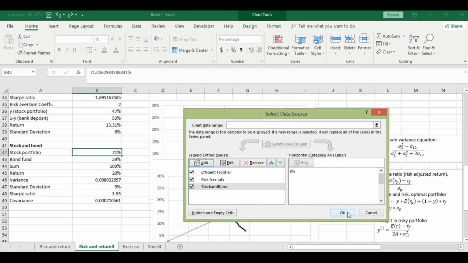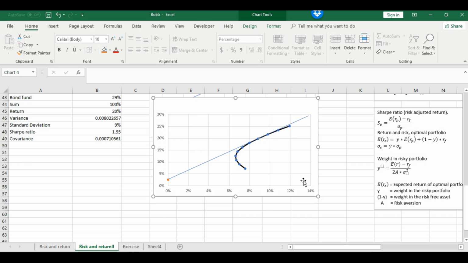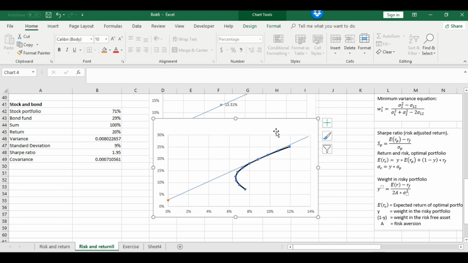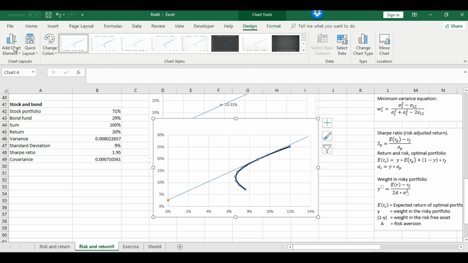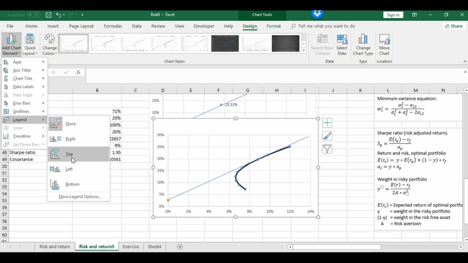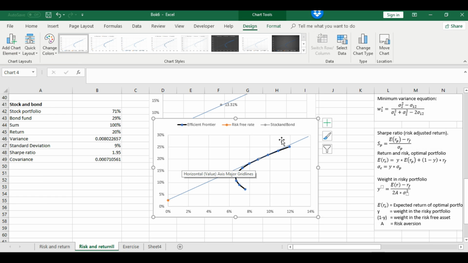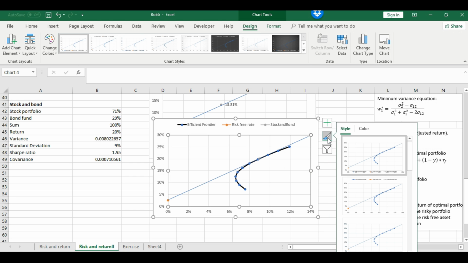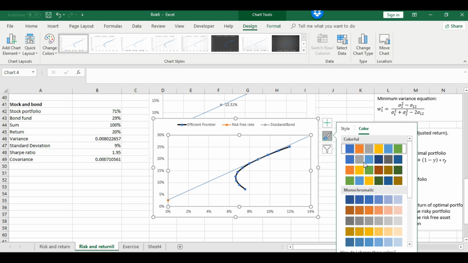Okay, there, and then the sign, add element, legend, there. Let's change the color so it's more visible. There.